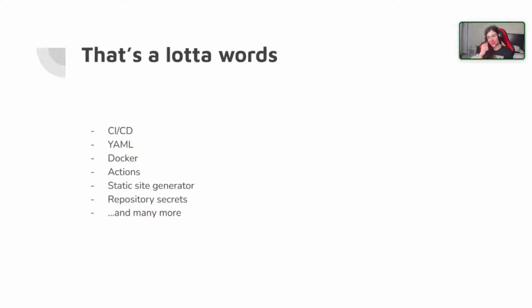But anyway, to go through some of these terms: CI/CD, continuous integration, continuous deployment. We just talked about that. YAML, I don't really know what it stands for, but what it really is, it's a markdown language, which is just something that's used for very simple instructions. It can be either programming or formatting. For example, your commits on GitHub are written in Markdown, or you can actually write Markdown in Discord. I believe its formatting is literally Markdown.